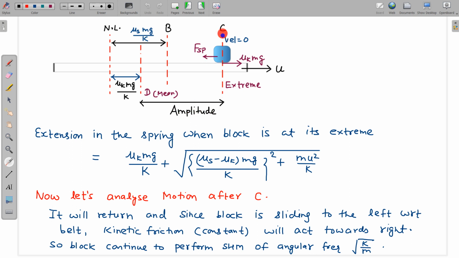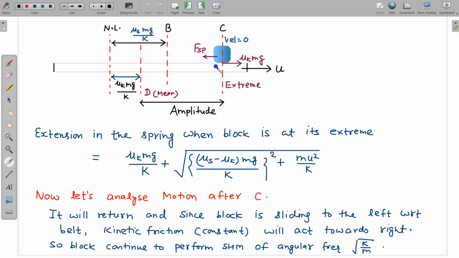Now we have analyzed the motion till this point C. Now what after this? After point C, let's analyze the motion. Forces acting are this mu k mg, because there is slipping, so this force will continue to act, and this is the spring force. Since the spring force is more than mu k mg, it will go towards the left, and when it is going towards left, the spring force will continue to decrease, and mu k mg is a constant force.